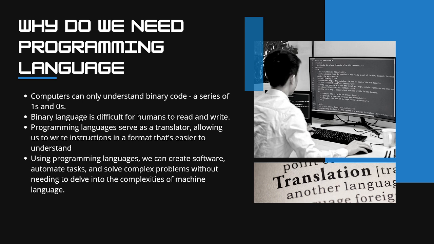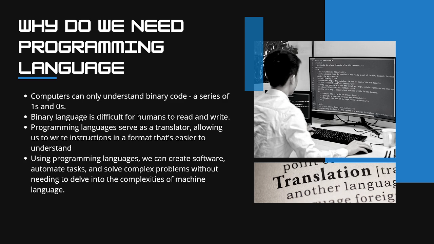For us humans, to read and write in binary is very difficult, nearly impossible. Programming languages, on the other hand, serve as a translator, allowing us to write instructions in a format that's easier for us to understand. By using programming languages, we can create software, automate tasks, and solve complex problems without needing to delve into the complexities of machine code.